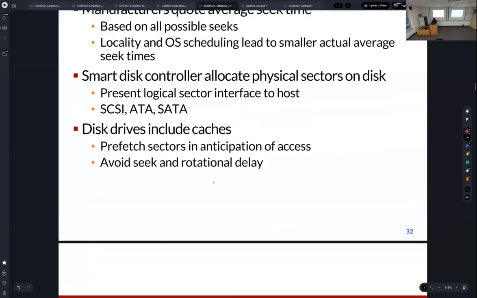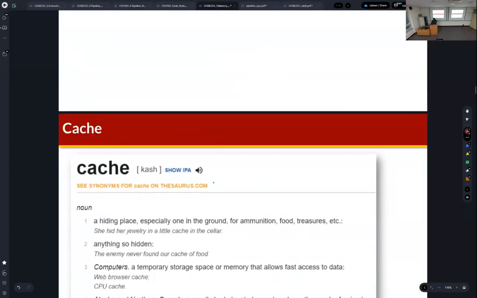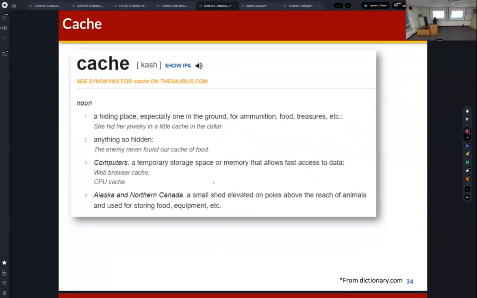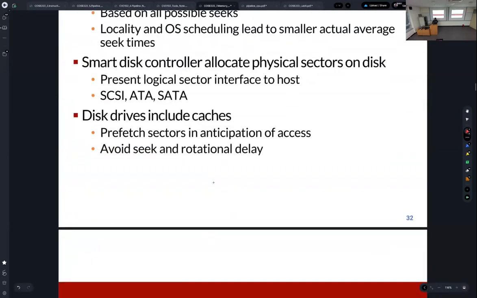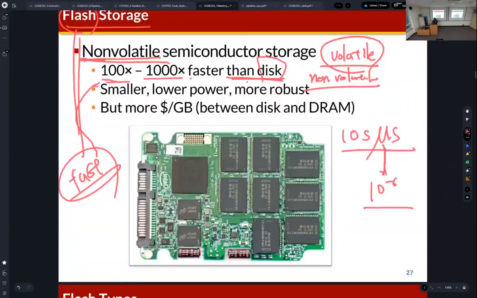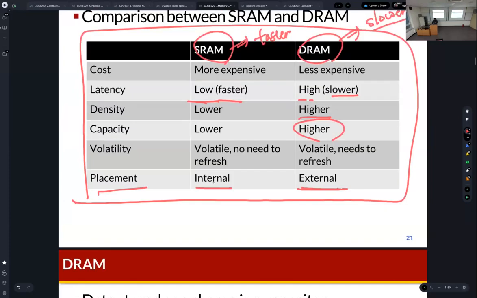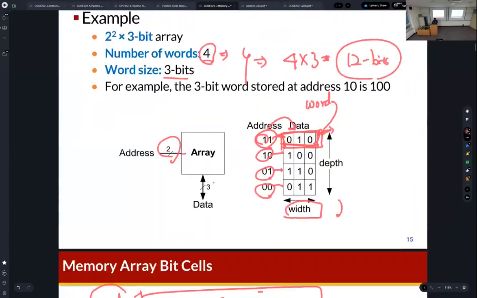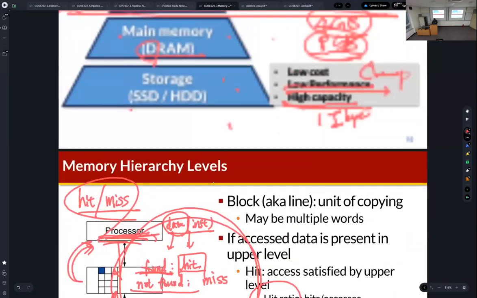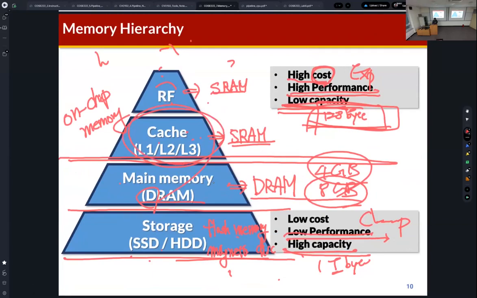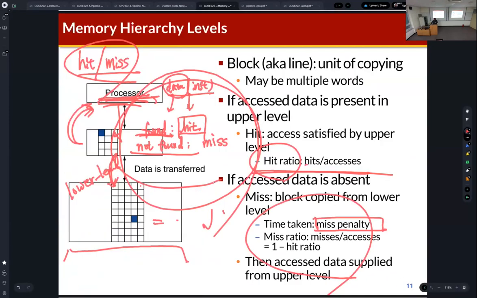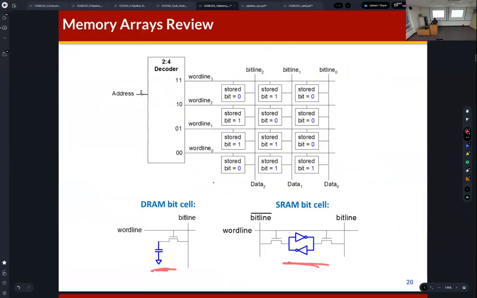Okay, so the basic of caches is just 5 minutes. So what is a cache? So actually, I believe you can understand. So this is the new terminology, cache. Okay, then what is a cache?